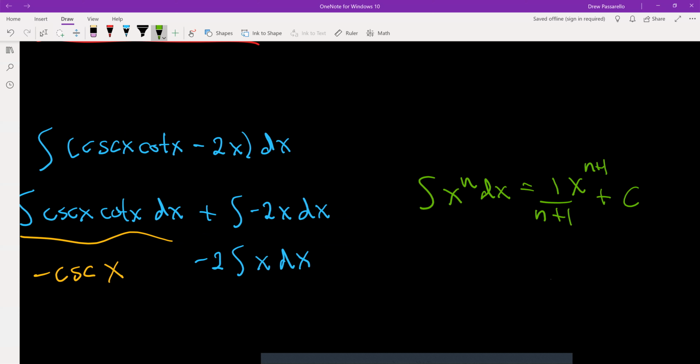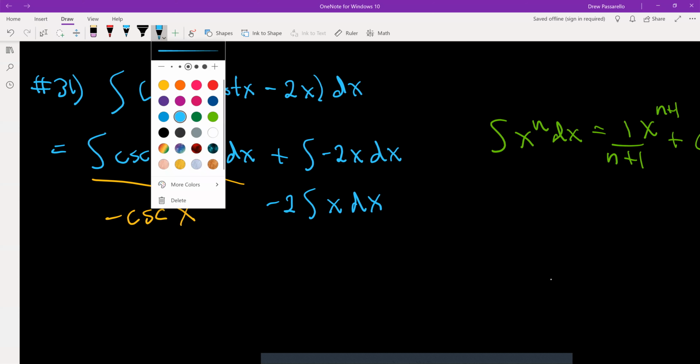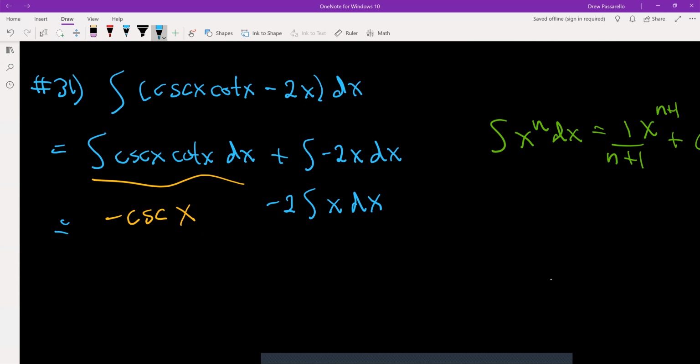And then for x, it's the same as x to the first power, so I add 1. So it'd be negative cosecant. Then keep the minus 2, focusing on integrating x. That's going to be x to the 1 plus 1, and then divided by that same thing, 1 plus 1. And then I'll add my constant of integration.